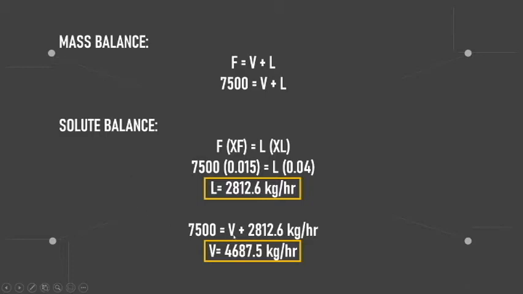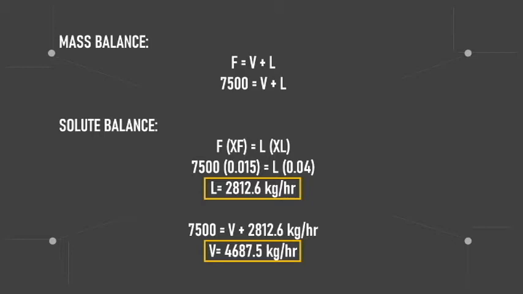So 7,500 is equal to V plus the computed L, which is 2,812.5 kilograms per hour. And then the computed V is equal to 4,687.5 kilograms per hour.